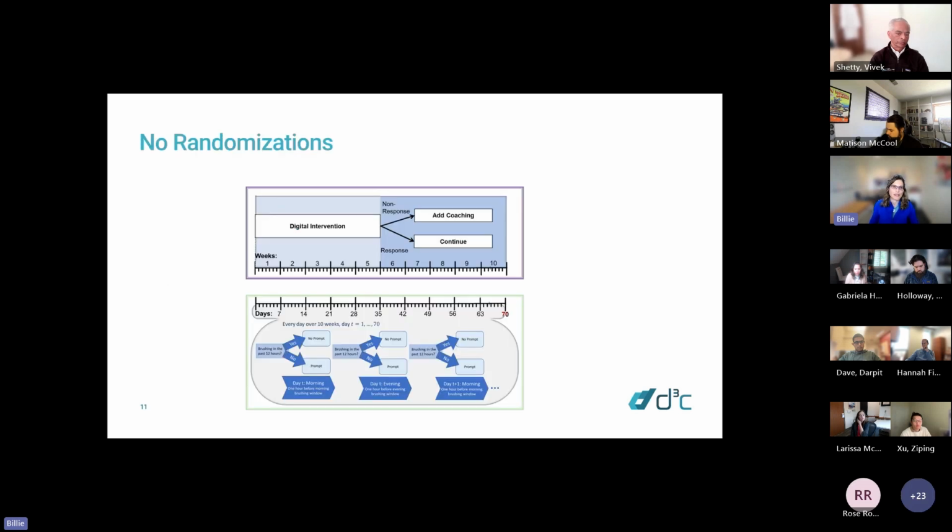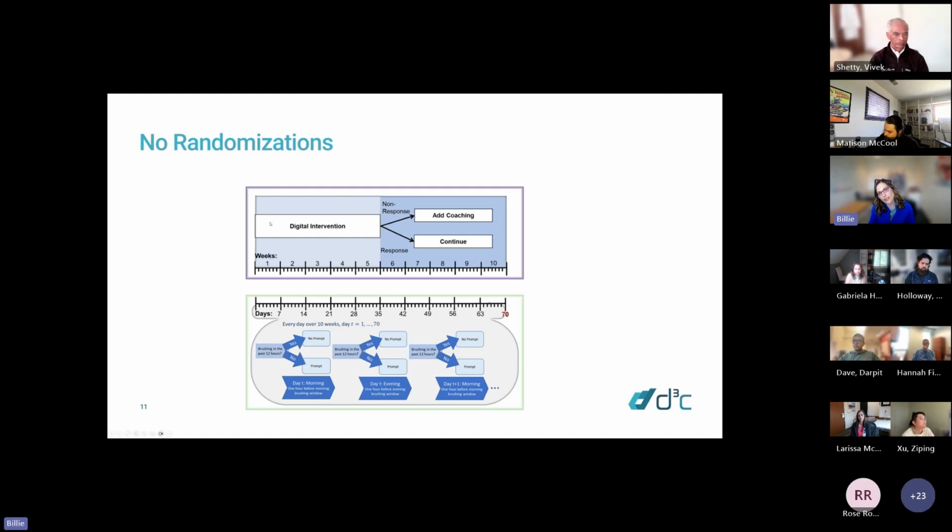And I want you to think about this for a second. When you're trying to guide someone, to tell them what you think they should do, do you randomize them? I hope not, right? You don't randomize them. What do you do? You give them a protocol to guide them in practice. And that's what these adaptive interventions do, this adaptive intervention and this JEDI. So think about it.